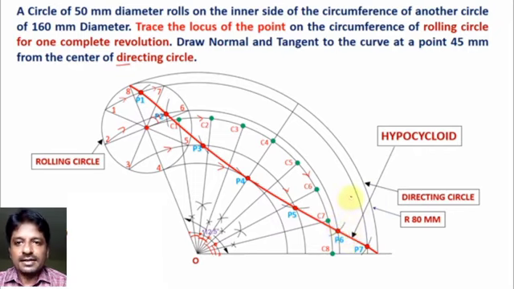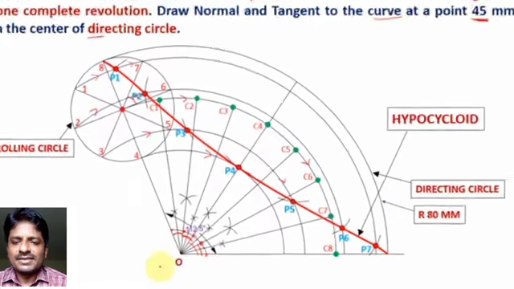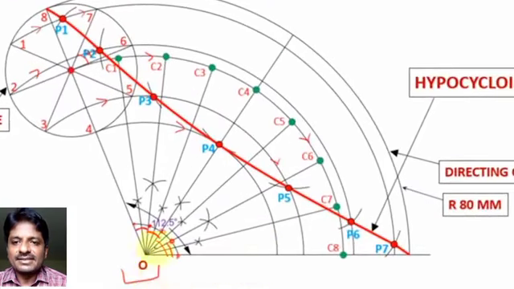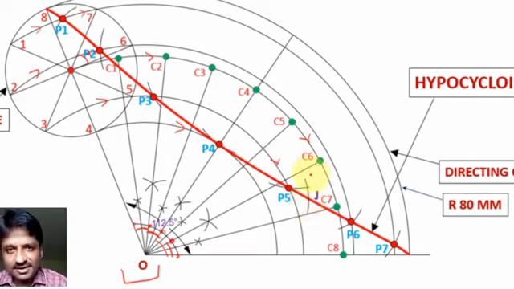Now here as per the problem we have to make the normal and the tangent over the curve from the center of the directing circle. It is given as 45 mm here, and mark the arc, point as J, equal to the radius of the rolling circle.